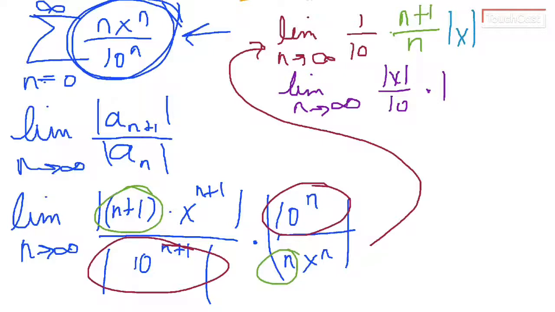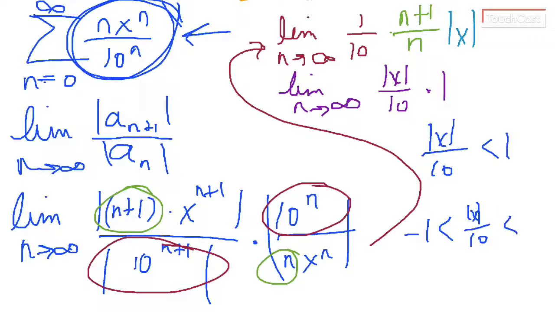If that expression is less than 1, then my series will converge. So that's what leads me to this last step. This is what you're going to start to really associate with the ratio test. Absolute value of x over 10 is less than 1. And we can write that without the absolute value bars by saying -1 is less than x over 10, which is less than 1.